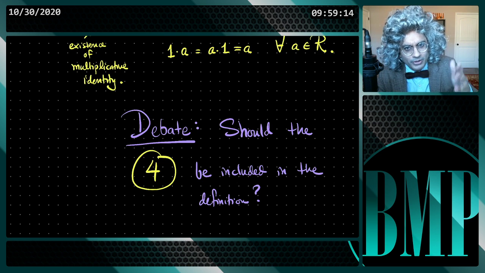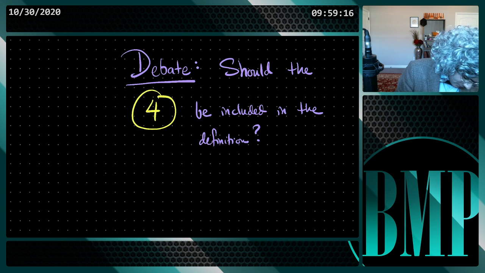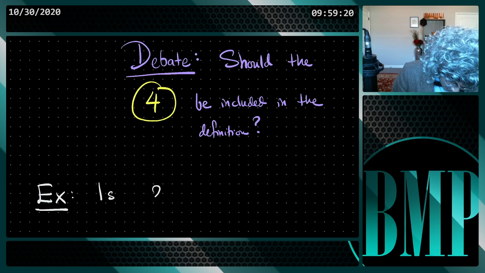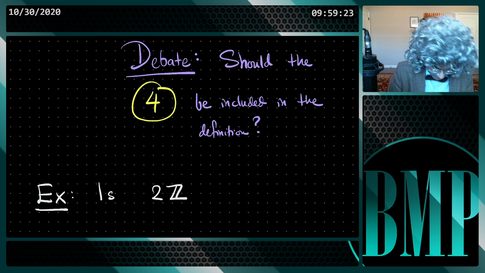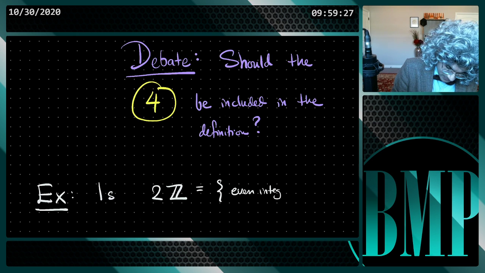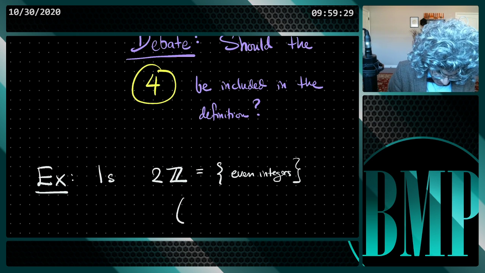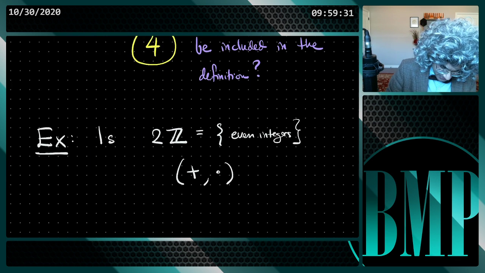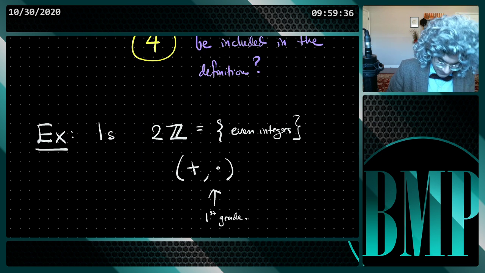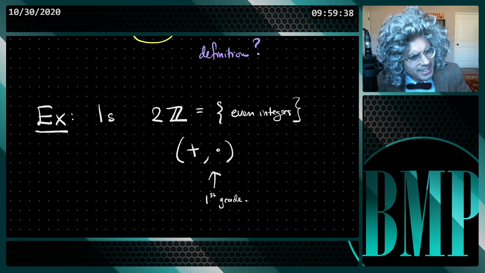I'll give you a much simpler example. Here's a much simpler example to consider: 2Z, with plus and dot, the usual, first grade. Is this a ring?